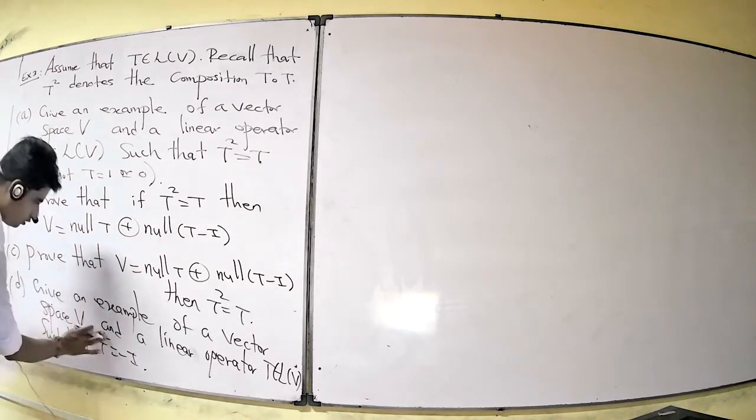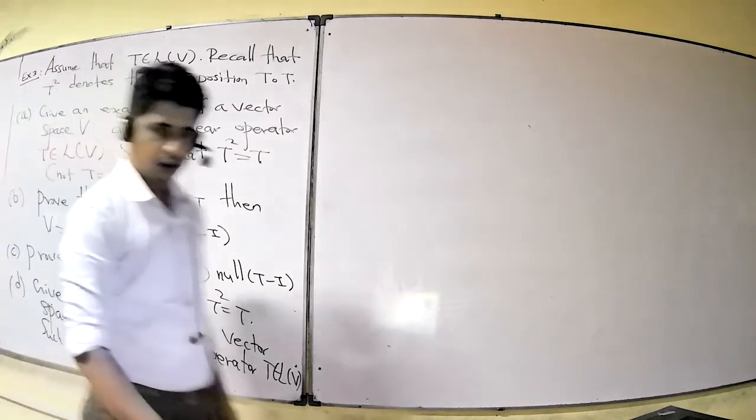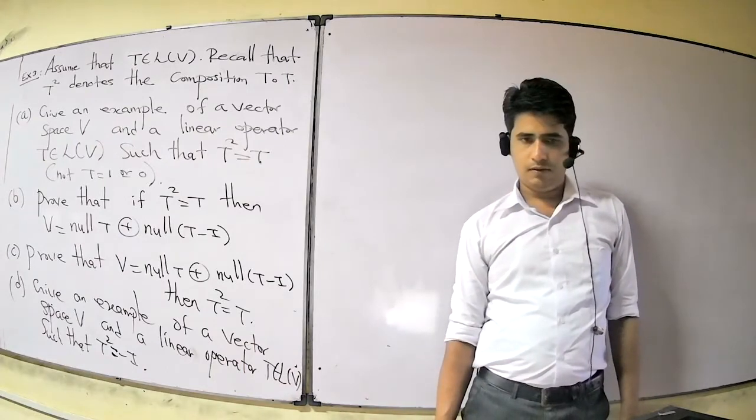T squared equals minus I. Okay, T squared equals minus I.